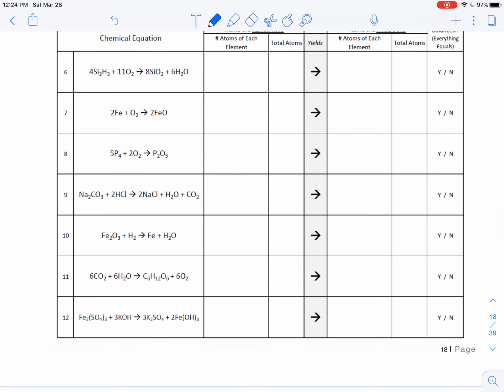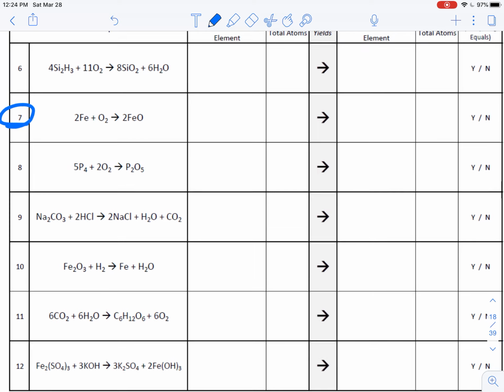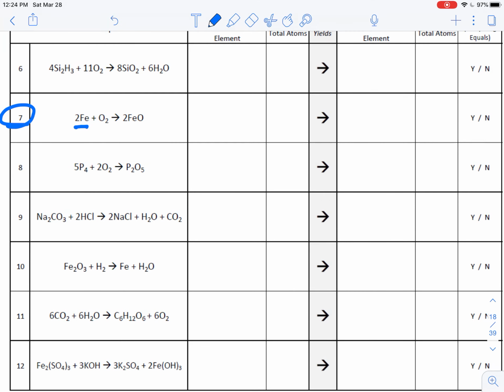This is where we left off, and I did post the answers for this, but I just wanted to talk through a couple of these that, for example, are correct, like number 7, where we see that there's 2 irons on this side and 2 irons on this side, so our irons are balanced. We have an O2 on this side, and this 2 also means we have 2 O's on this side, so that one is balanced, so that's why that was a yes.